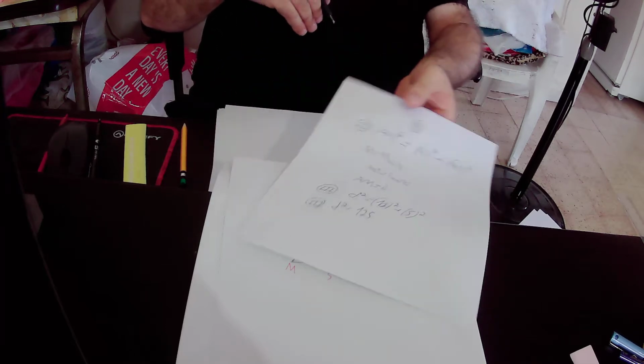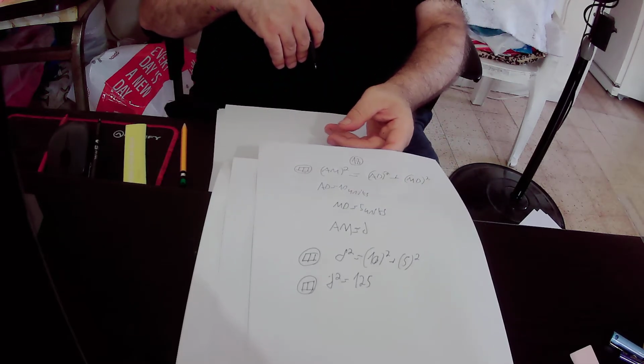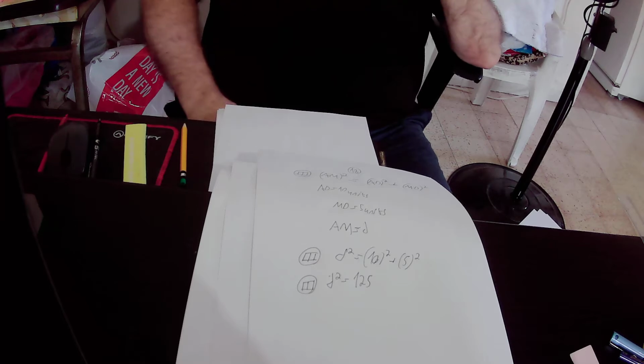So we got that D square equals 125. Now we will take the root of equation number 3.